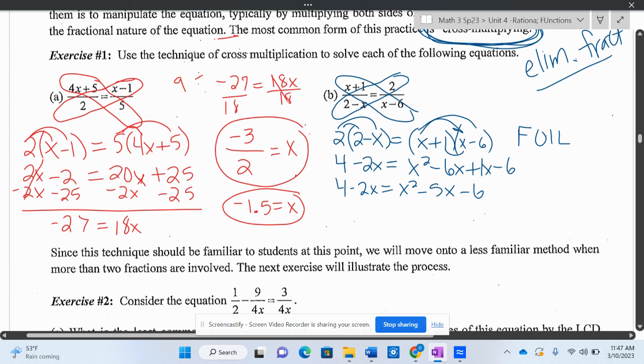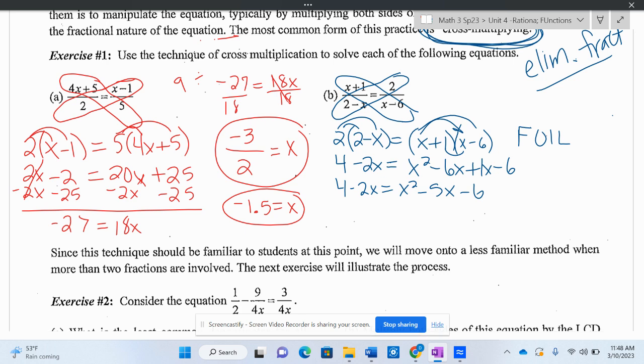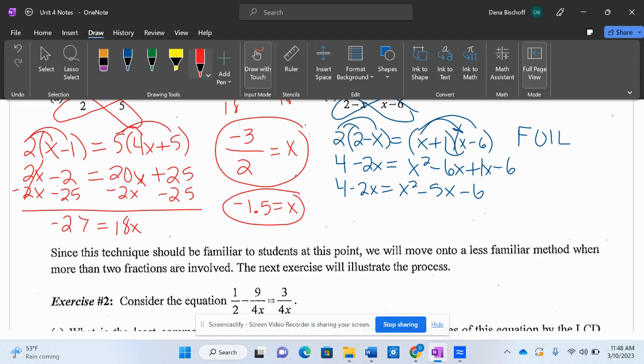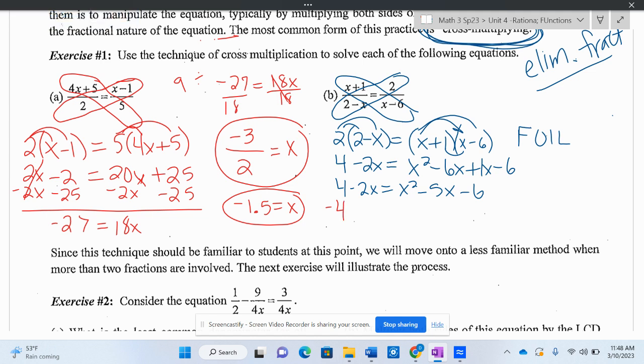Okay, and then what? Think about your warm-up activity. Make it equal to 0. Absolutely. So we have to take everything that's on the left side and move it to the right. So we're going to subtract 4 and add 2x to both sides. And I'm going to line them up under the terms that they match, right?